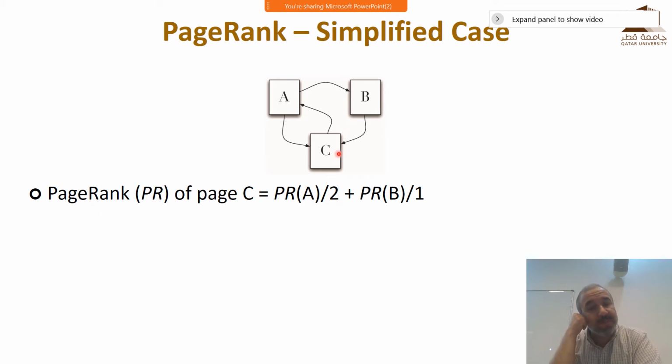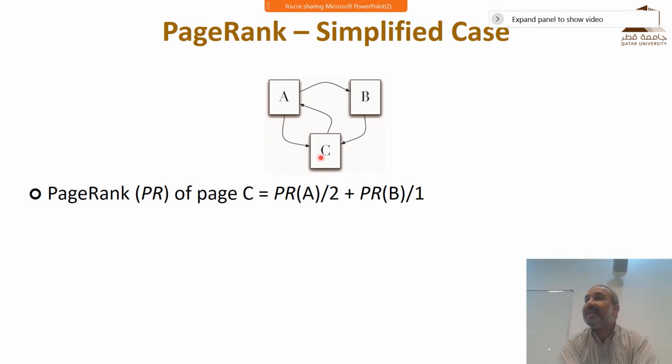Now, if I want to compute the PageRank of C, based on what we learned, PageRank of C is the probability of reaching C, right? The probability of reaching C depends on A and B, right? Because I can reach C through A, or I can also reach C through B. Since we ignored the dangling case, we will stick to the case when we choose a link in the current page. So we'll not do any teleporting. It's just one of the hyperlinks in each page.